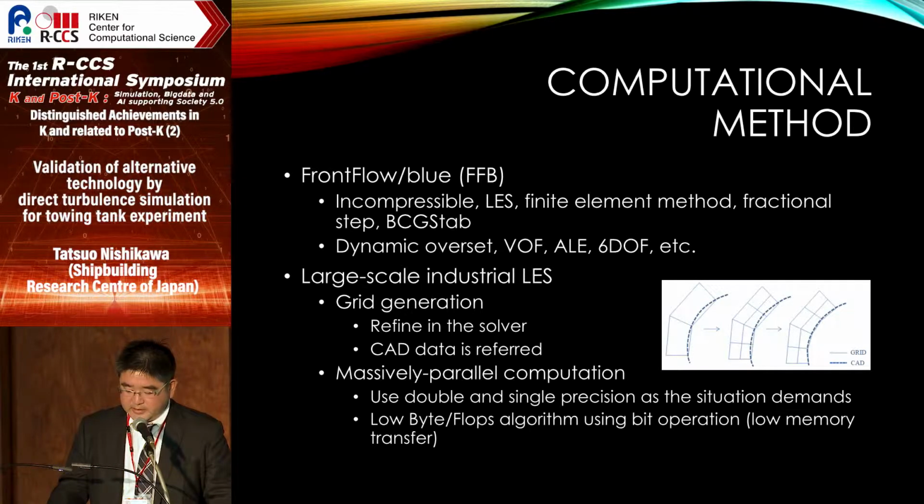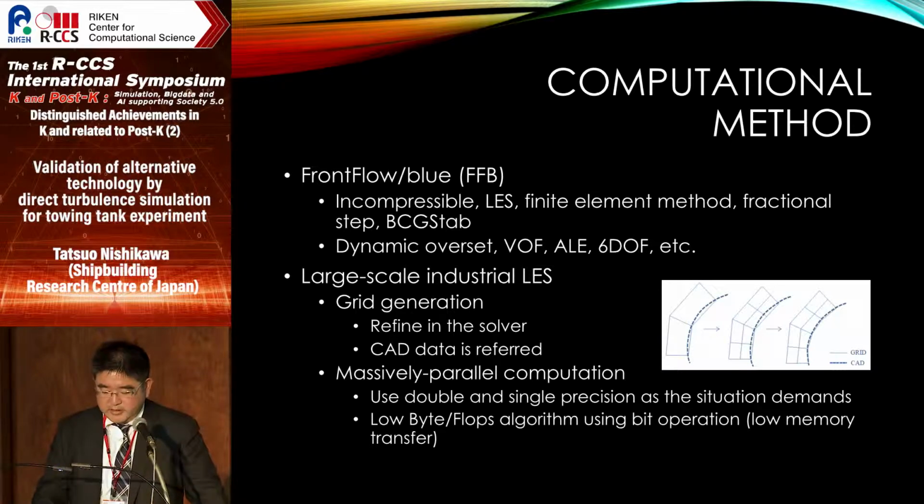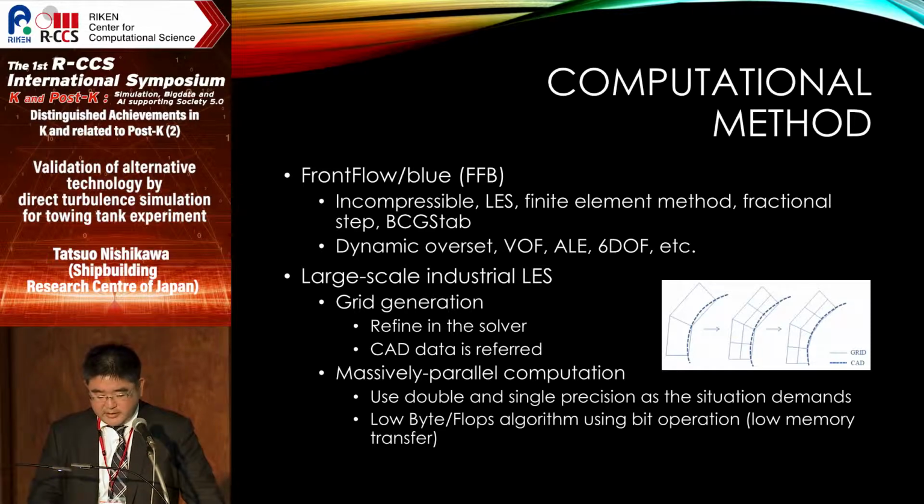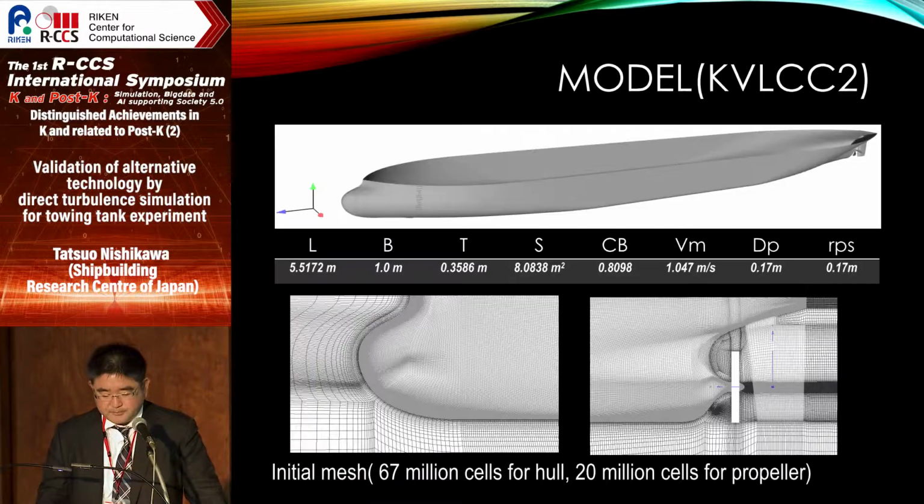It is an incompressible large eddy simulation solver, and it has functions of dynamic overset, ALE and rigid motion of 6 degrees of freedom, and a VOF function was implemented in this project. It has a grid refiner, which can refer to the original CAD data in the solver automatically and tune that for massive parallel computation.